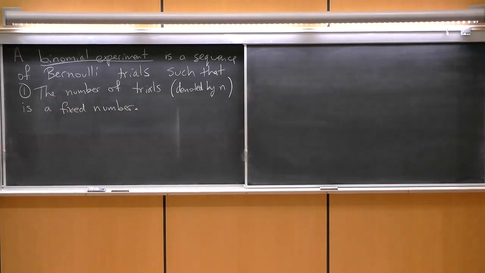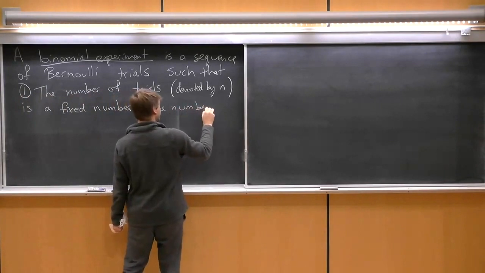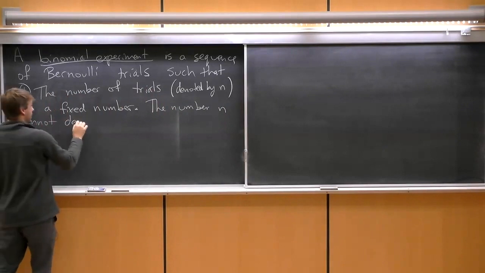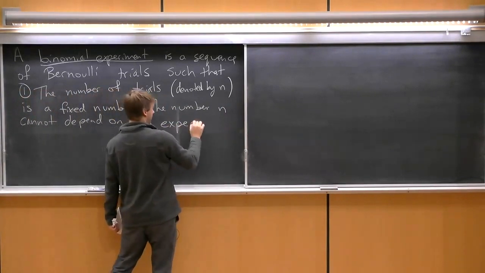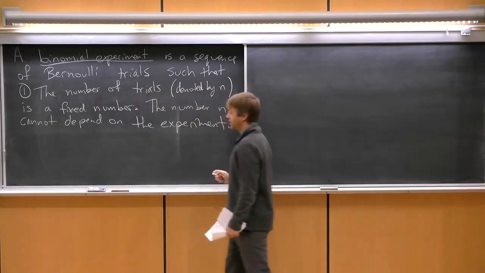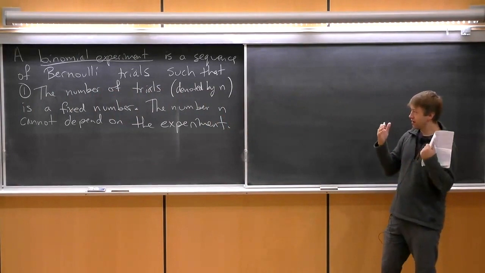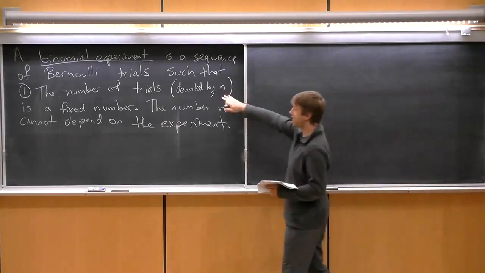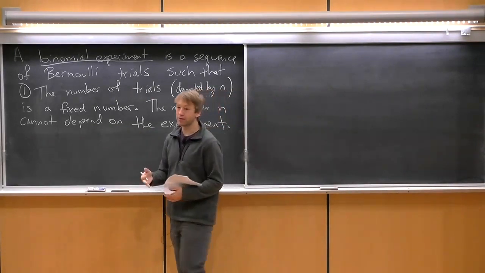So the number n can't depend on the experiment. We'll do an example to show what I mean by this. But basically, it's got to be like you're doing 100 trials or 10 trials or whatever. The n can't change depending on the outcomes.